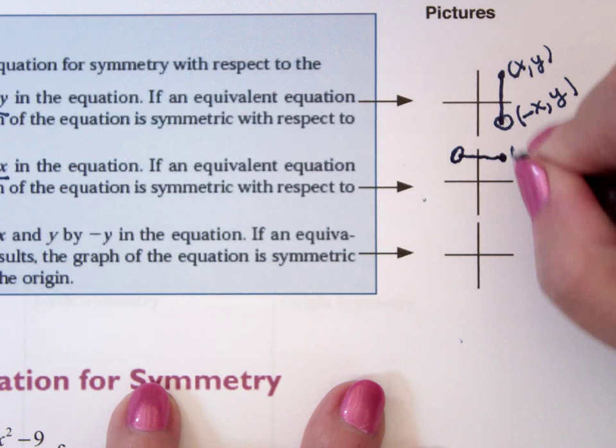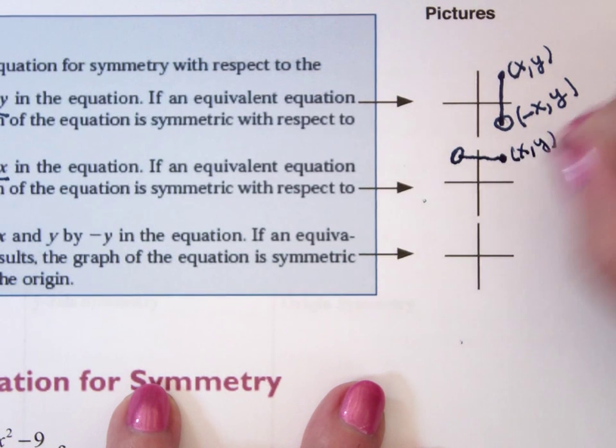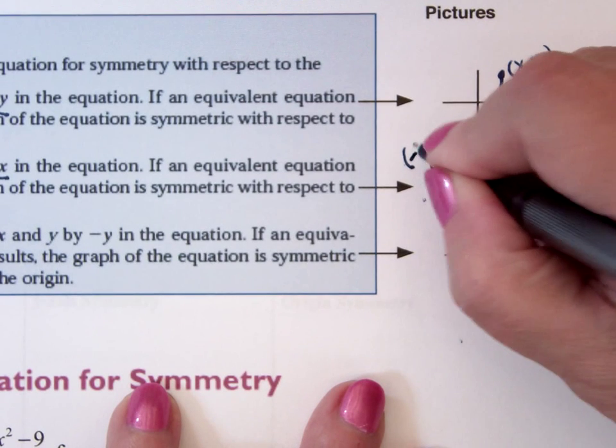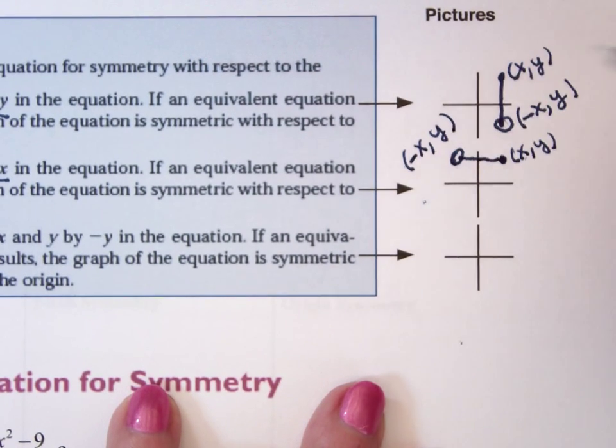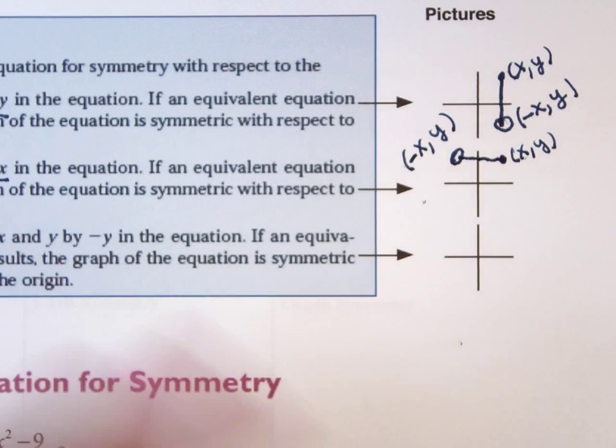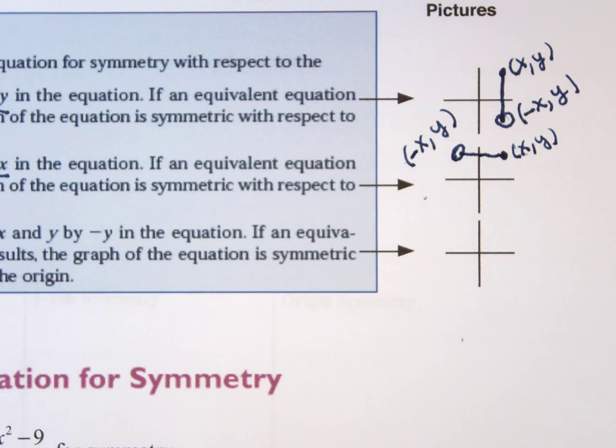And if this is x comma y, my replacement is going to be, I can see, the opposite of x, y. So if I had 3 comma 2, it would be minus 3, 2. And that would be true for any coordinate point. You give me a coordinate point on the graph, I just change the x values, it gives me the coordinate point on his symmetric piece.